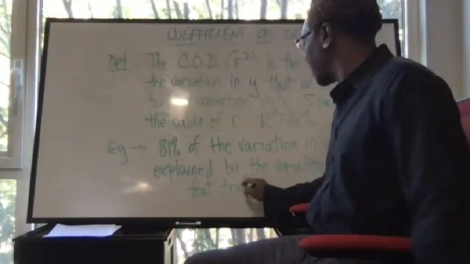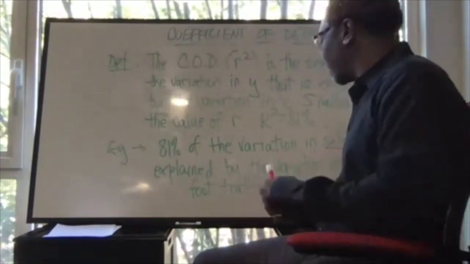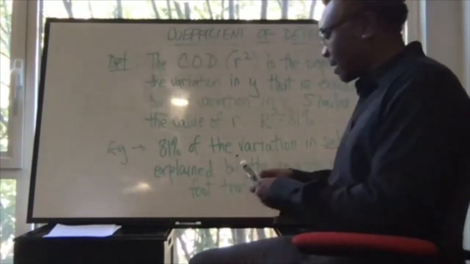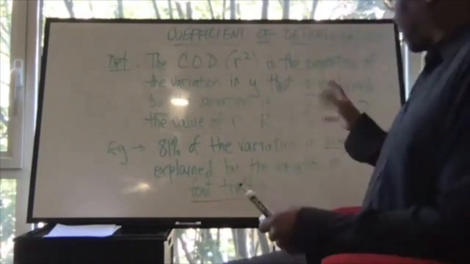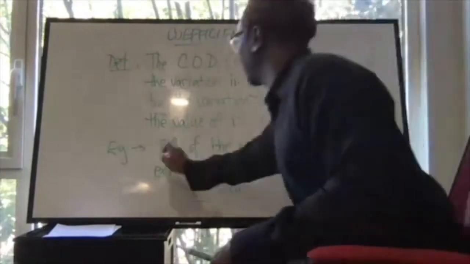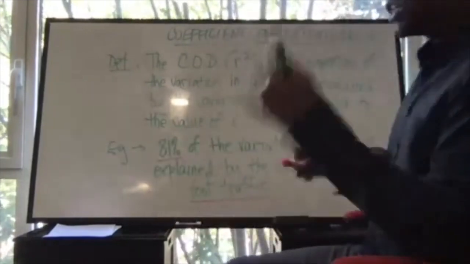Again, I'm only offering this explanation based on our assuming that this R came from another data set that we were looking at. So here's the 81%, which is pretty good.